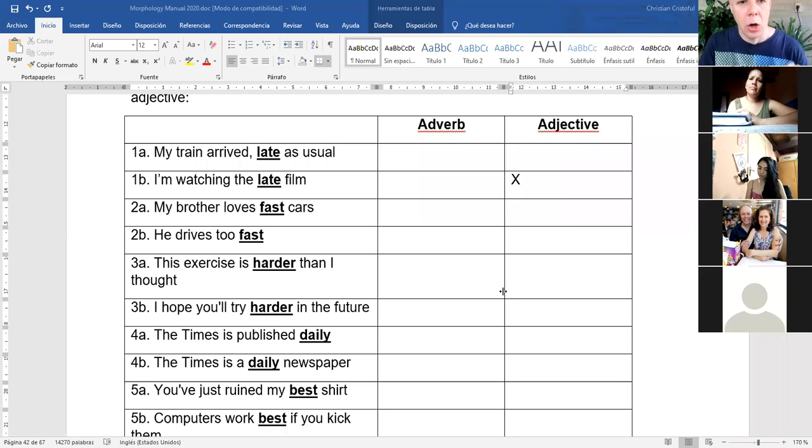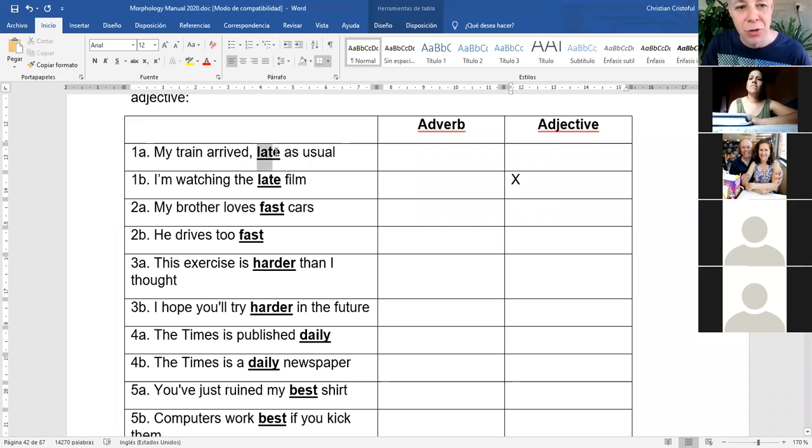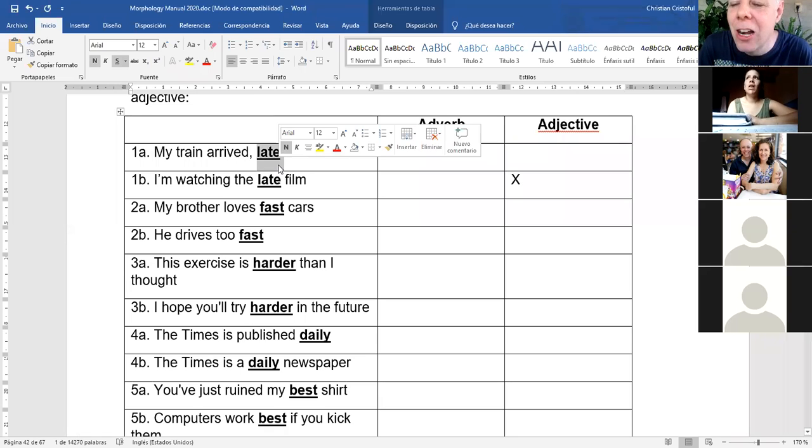Here it says, my train arrived late as usual. Late refers to train, or to arrive? What is late? The arrival of the train is late.